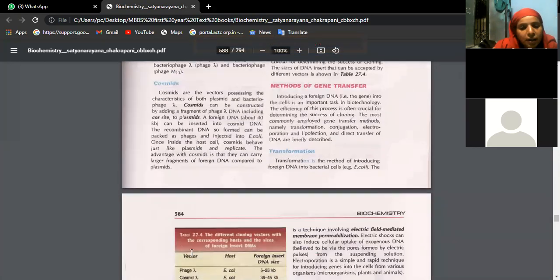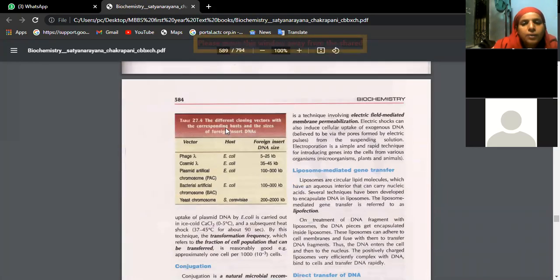Then see here, the different cloning vectors with the corresponding host and the size of foreign insert DNAs. Suppose the host is bacteria and you have used a vector, that means a plasmid or phage lambda in the case of E. coli. So E. coli will be able to synthesize a protein from foreign insert DNA.